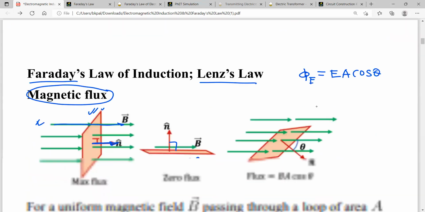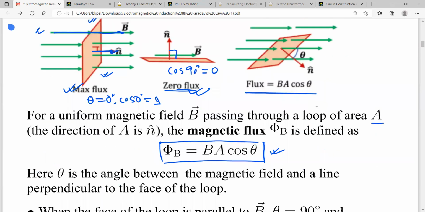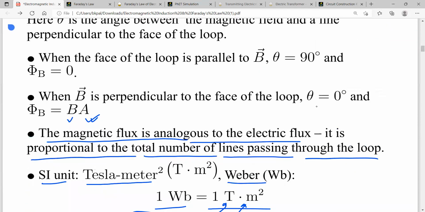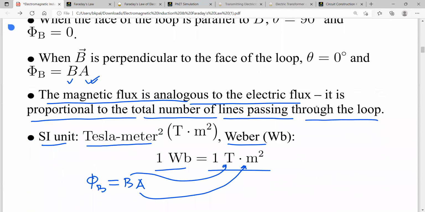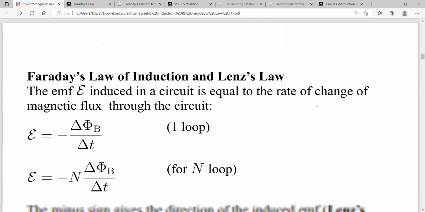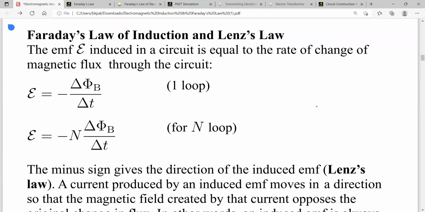And you see that magnetic flux contains both quantities. So if you understand this, you are ready to understand the mathematical expression for Faraday's and Lenz's law. Faraday's law tells us that the induced EMF in a circuit is equal to the rate of change of the magnetic flux through the circuit.